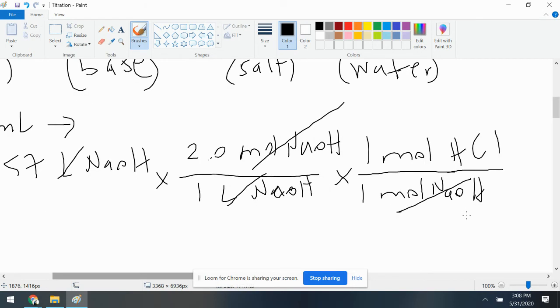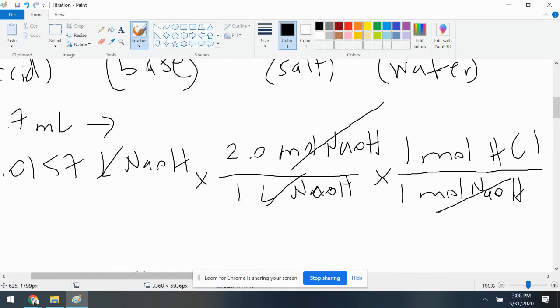For the next part, I'm going to calculate the number of moles that the HCl consumes. Again, for every 1 mole of NaOH that you use, 1 mole of HCl is going to be consumed in this reaction. So I'm going to take 0.0157 times 2, and of course, times 1 over 1, the same thing.